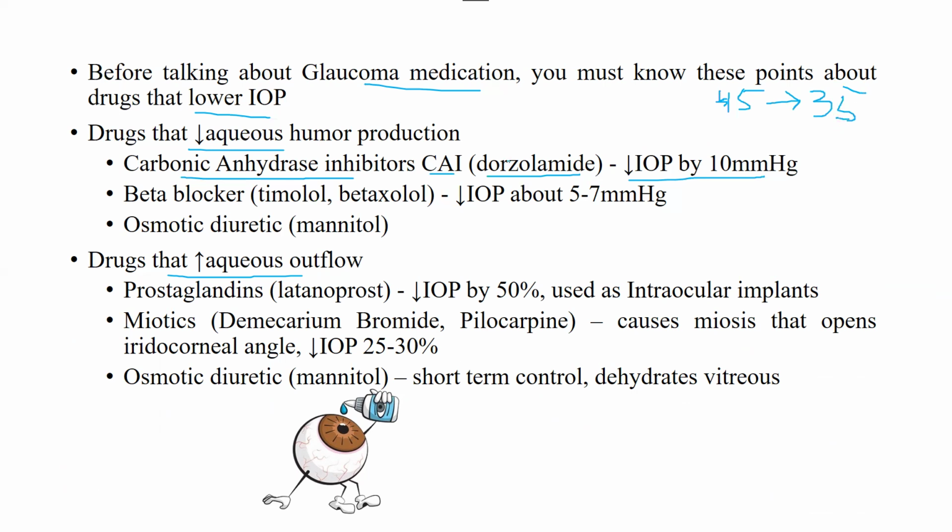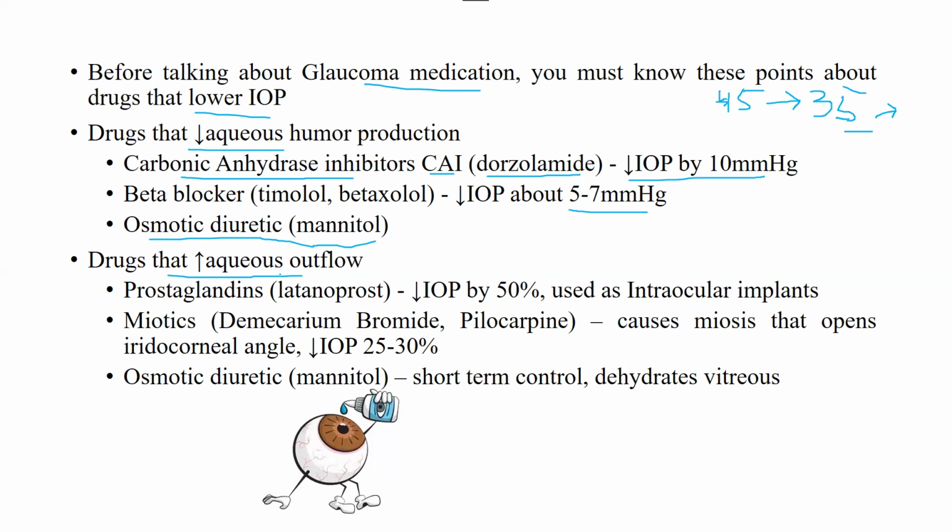If you keep using it, it will decrease by another 10 mm of mercury to 25, and we know 25 is the upper range of the normal IOP of the eye. Then we have beta blockers like timolol. Beta blockers also decrease IOP, but by 5 to 7 mm of mercury. Then we have osmotic diuretics, that is mannitol, that decreases the aqueous humor production.